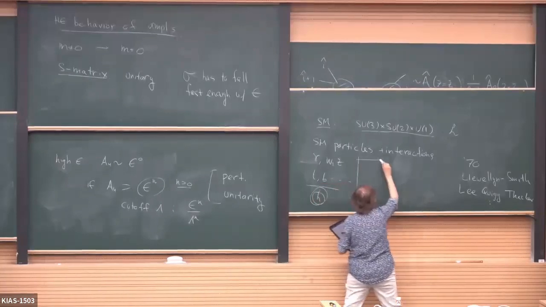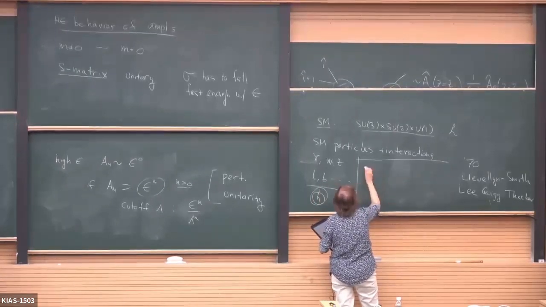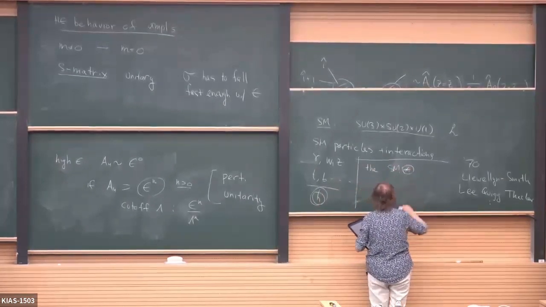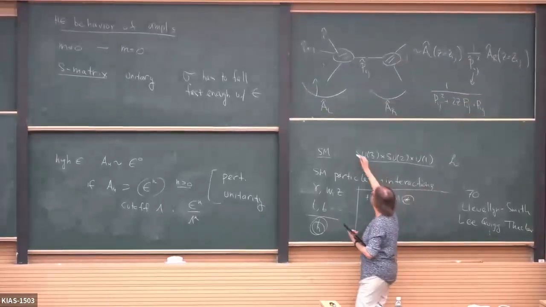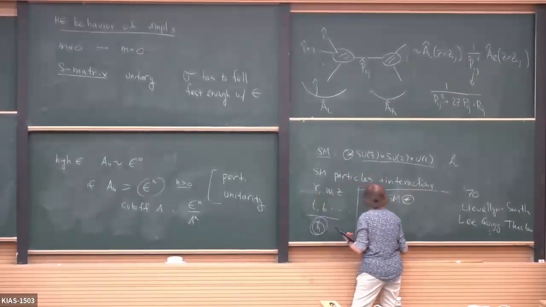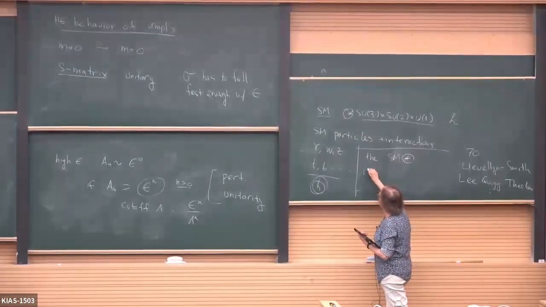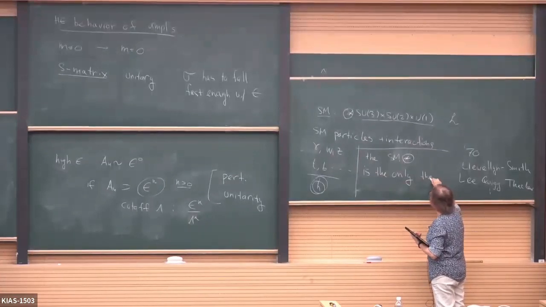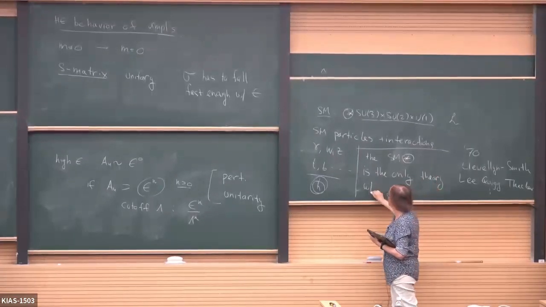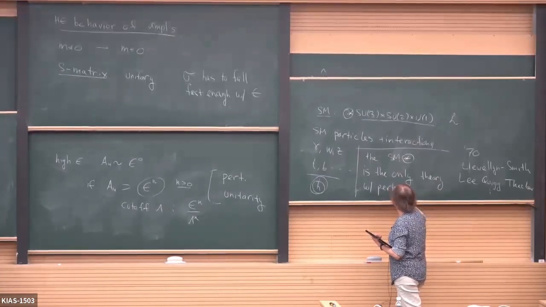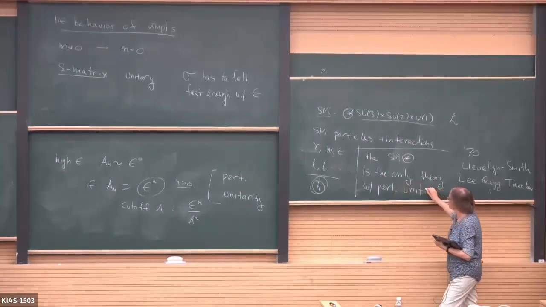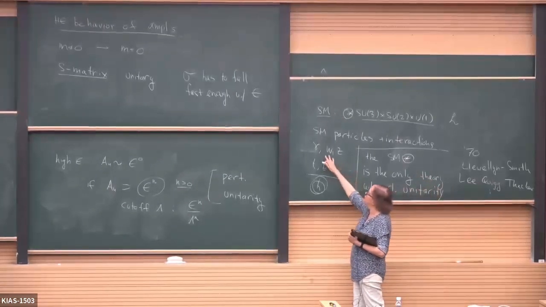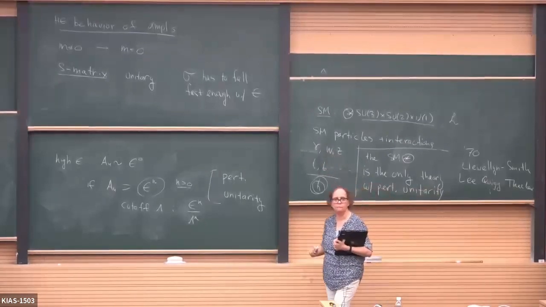And what these people showed is that the standard model, namely the SU3 times SU2 times U1 theory, is the only theory with perturbative unitarity that you can get by extending the interactions of the standard model particles.